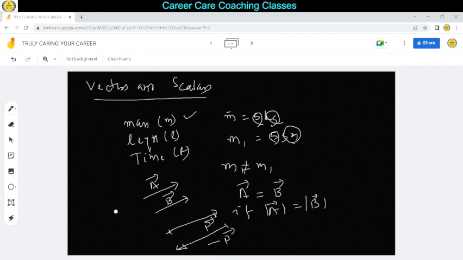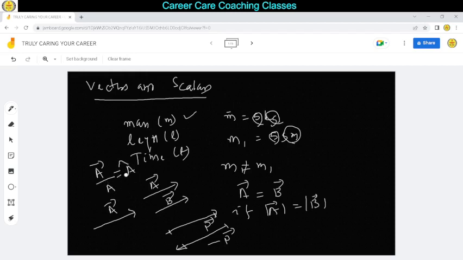Then another type of vector you can represent. Suppose this is a vector A. If we divide vector A by the magnitude of A, this becomes a unit vector along the direction of A, that is A cap.